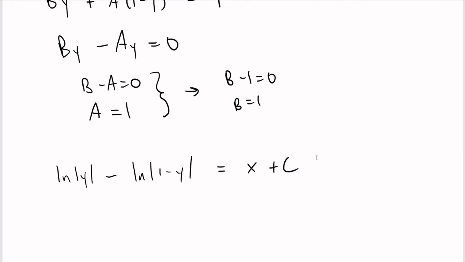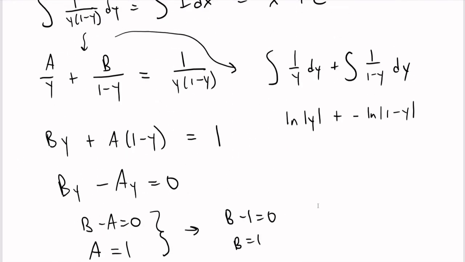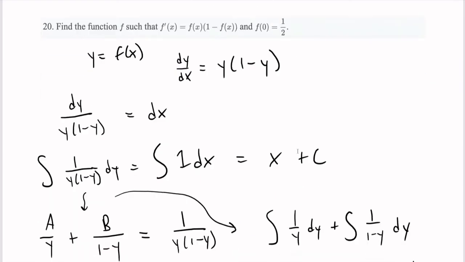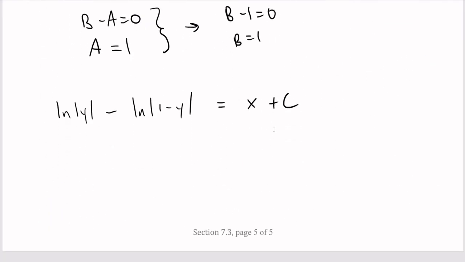Look at that. So we've got this now, okay. And we know that f of 0 equals 1/2. So we have an initial condition. So that's f, which remember was y. F of 0 is 1/2, which is the same thing as saying y of 0 is 1/2, just to keep it in y's and x's for us.